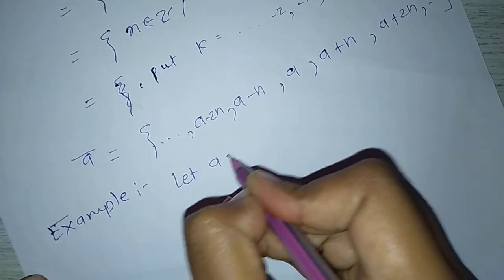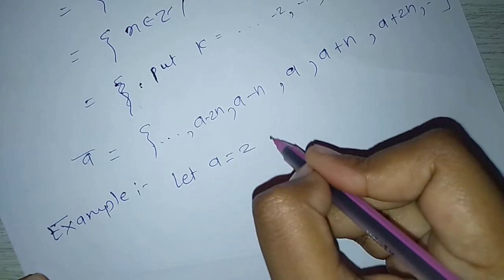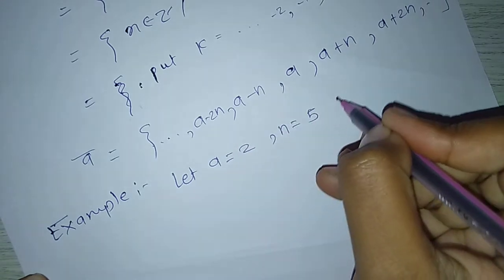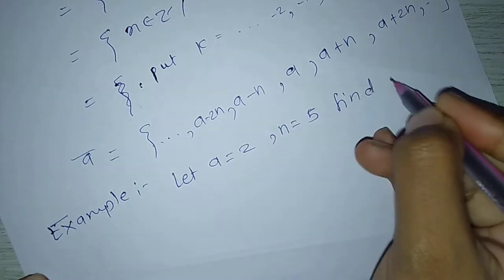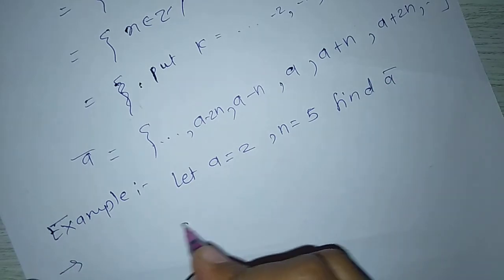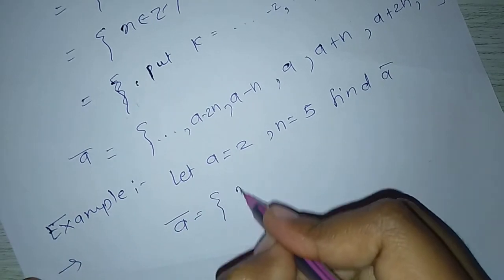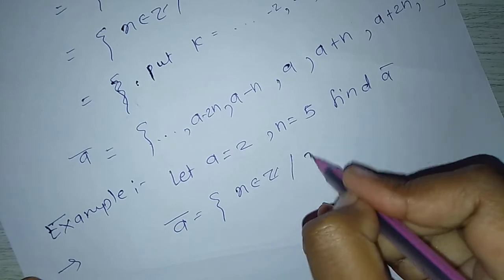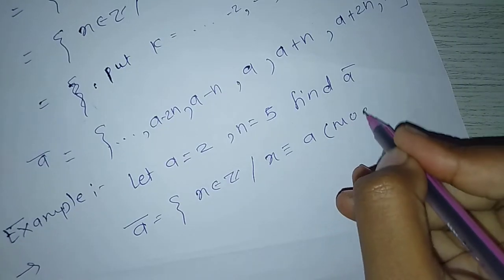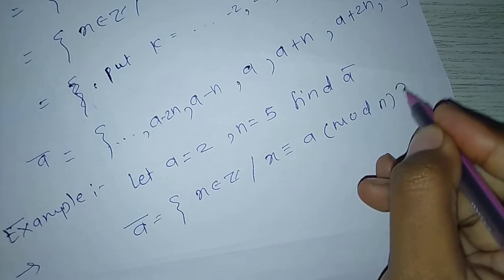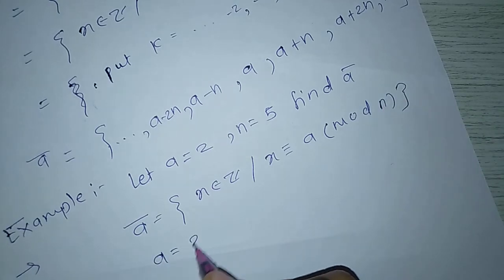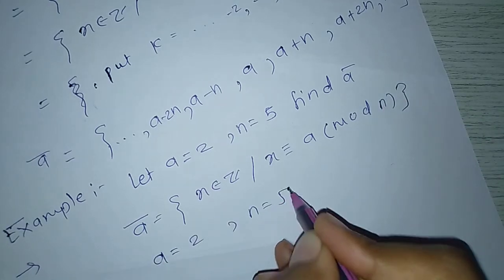Let a equal to 2, n equal to 5, find a bar. We have a bar equal to x belongs to Z such that x is congruent to a modulo n. Here a equals 2, n equals 5.